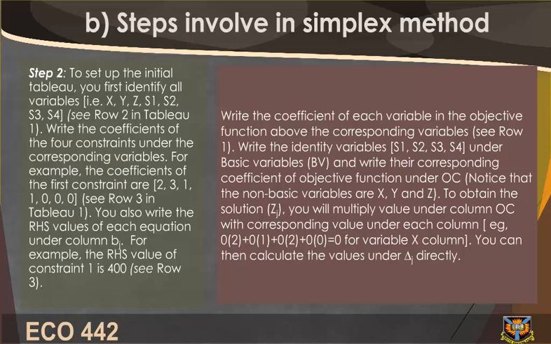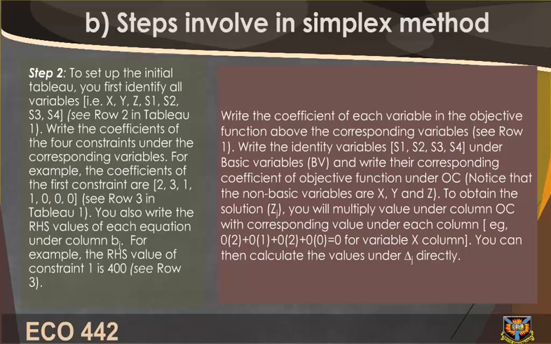Write the coefficients of each variable in the objective function above the corresponding variables. See row 1. Write the identity variables S1, S2, S3, S4 under basic variables BV, and write their corresponding coefficients of the objective function under OC. Notice that the non-basic variables are x, y, and z.